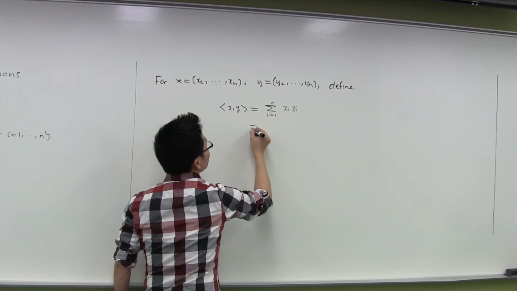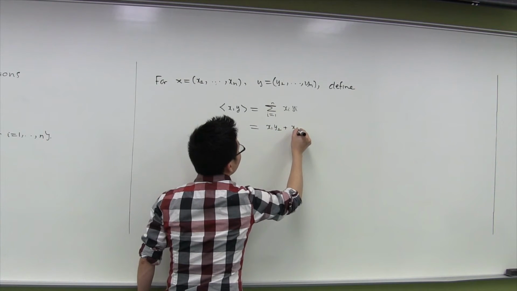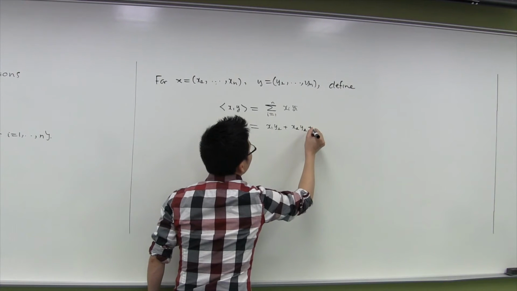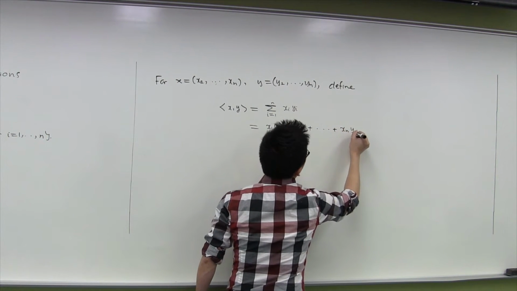And this is just x1 times y1 plus x2 times y2 plus so on plus xn times yn.